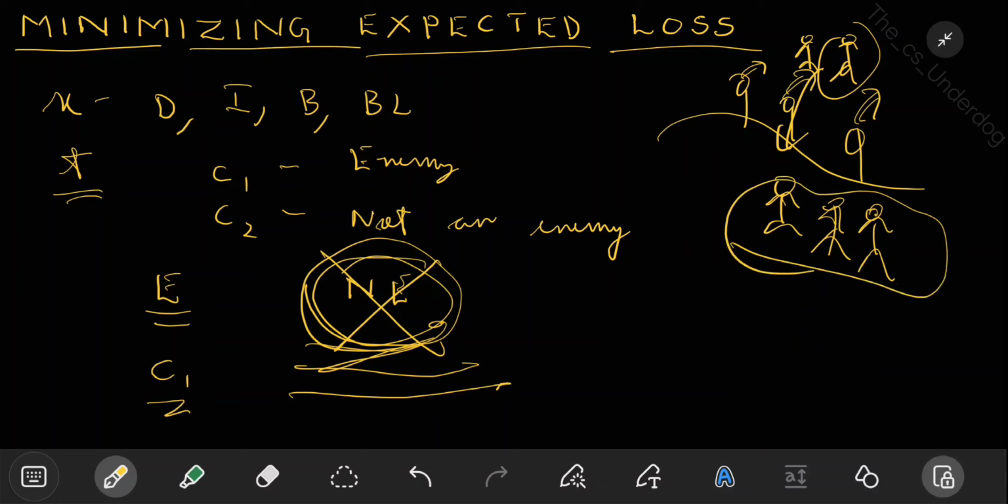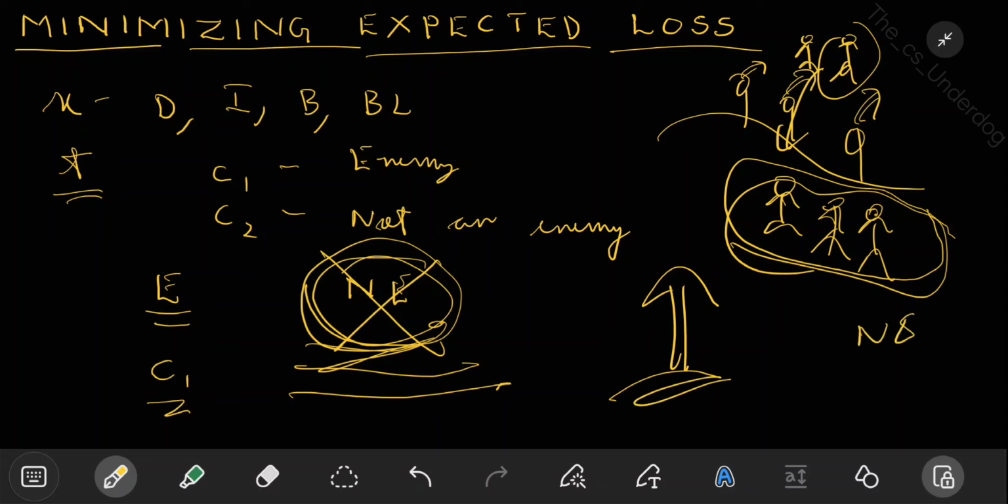In this particular problem, just think logically. This particular mistake that you made, in which you identified an enemy as not an enemy, is way more severe. But in the previous case, when it was not an enemy but you wrongly identified it as an enemy, that is okay. You can adjust this, right?